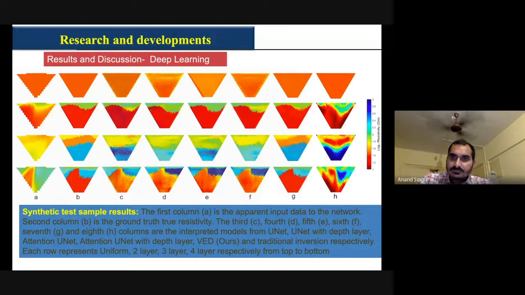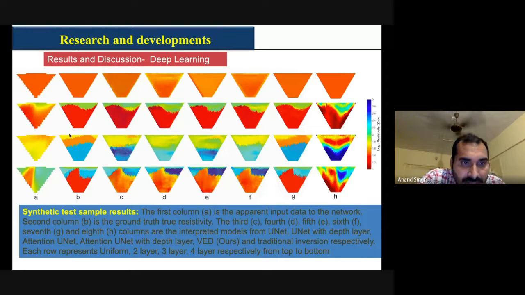But if you compare with the variational encoder decoder network, you will notice that it is providing the same. If you provide the 2D network data of this, the predicted image was so satisfying, and it is very close to the model. Now compare our result with the three layer case: the first layer is 10 to the power 1.8 ohm meter, this is a further lower resistivity value, and this is a further higher resistivity value.